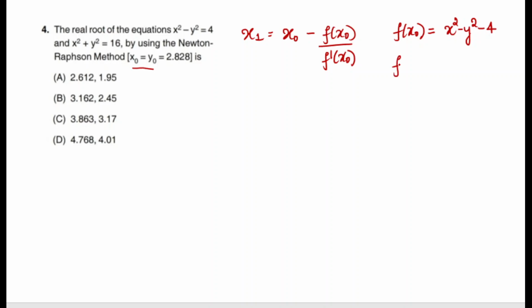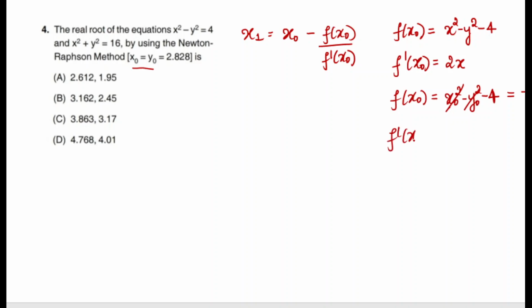Now the derivative of this equation with respect to x will be 2 times x. Substitute the values of x naught and y naught for the first. So f of x naught is equal to x naught square minus y naught square minus 4. Here x naught and y naught values are one and the same, so this cancels, and we are getting the answer to be minus 4.